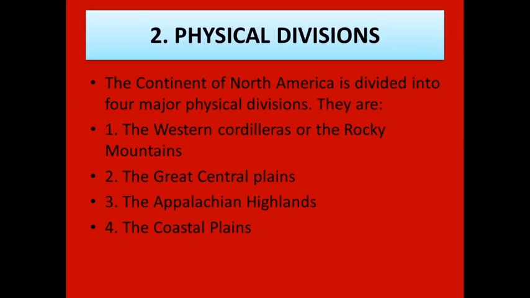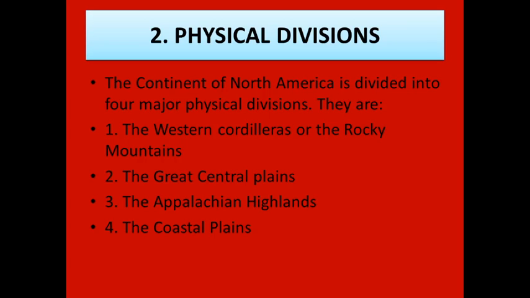Now let us go to the physical divisions of North America. The continent of North America is divided into 4 major physical divisions. They are the Western Cordilleras or the Rocky Mountains. Second, the Great Central Plains. Third, the Appalachian Highlands.